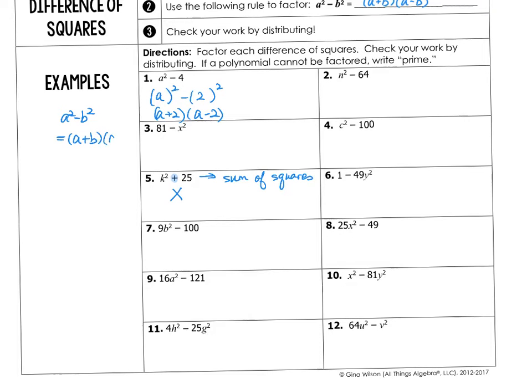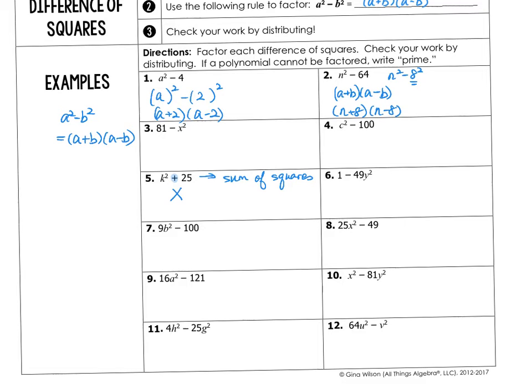Again, I will write the difference of squares formula here. So you really have to know what is a and what is b. Look at number 2. I have a perfect square in n squared. If I were to rewrite it, 8 squared is 64. So the first one is a plus b times a minus b. My a is my n, my b is the base, 8 here. So it's n plus 8 times n minus 8.